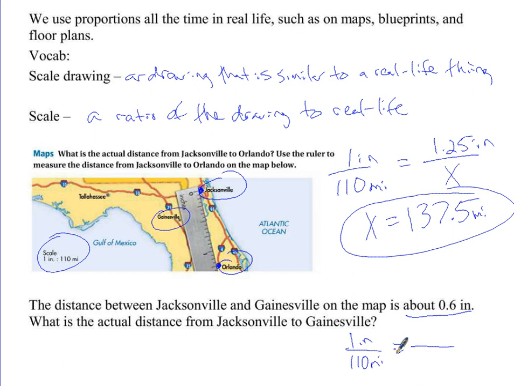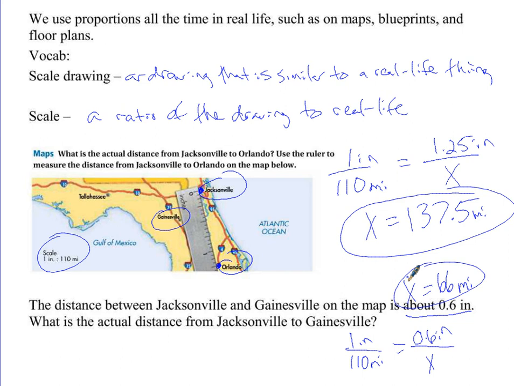The same scale, it's the same map. Equals 0.6 inches, the thing we measured, over how far is that in real life. Okay? So now it's set up. Now you can do that cross multiplying. 1 times x is x equals 110 times 0.6. 66 miles.